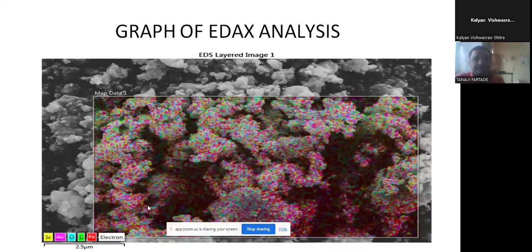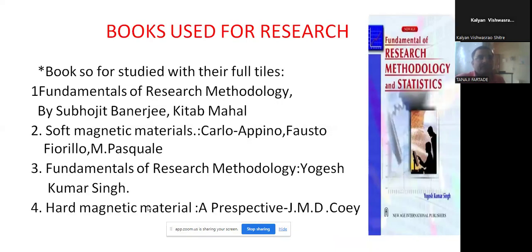For this work, I have used the following books: Fundamentals of Research Methodology by Subhojit Banerjee, Kitab Mahal; Magnetic Ferrites by Carlo Appino, Fausto Fiorillo and Pasquale. For research methodology, I have used Fundamentals of Research Methodology by Yogesh Kumar Singh.